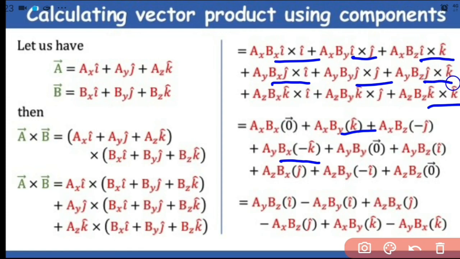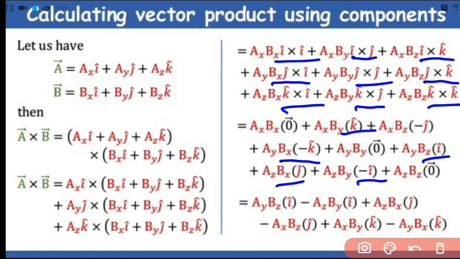Then j cross k is in the cyclic order, so it is positive, so it is i. And k cross i is in cyclic order, so it is positive, that is j. Then k cross j in the reverse order, so it is minus i.